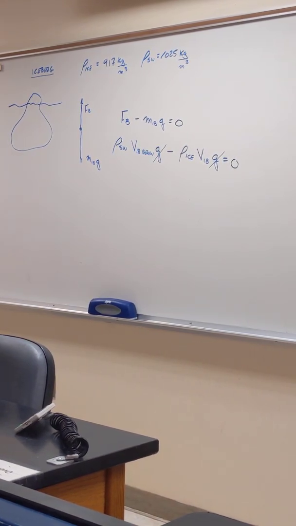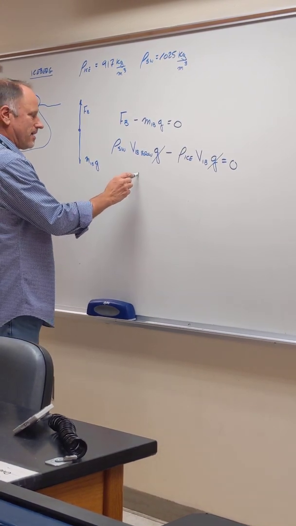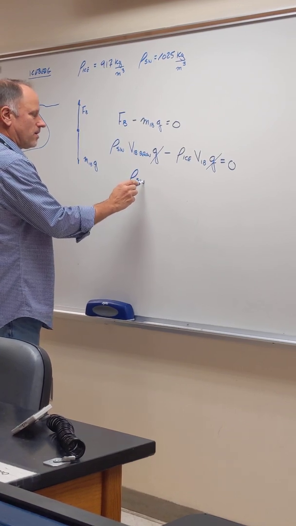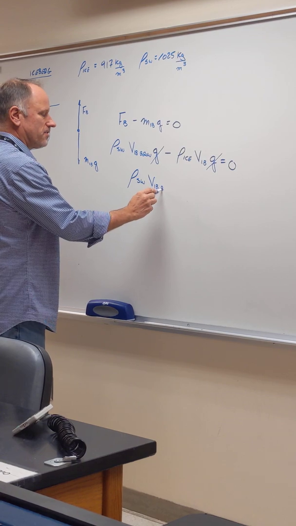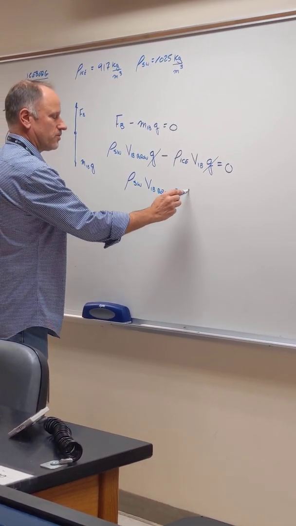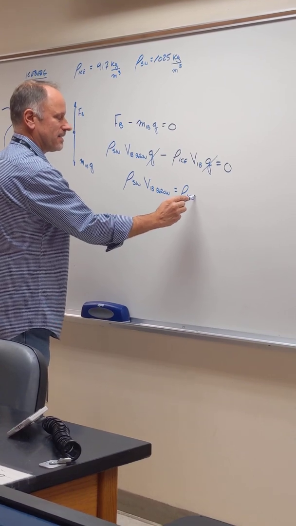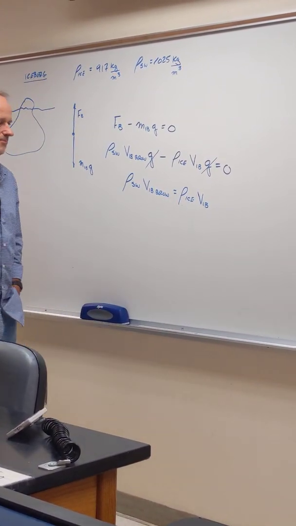Ready? Let's check it out. So now I'm going to say rho saltwater times volume of iceberg below the surface equals rho of ice times total volume of iceberg, all of it.